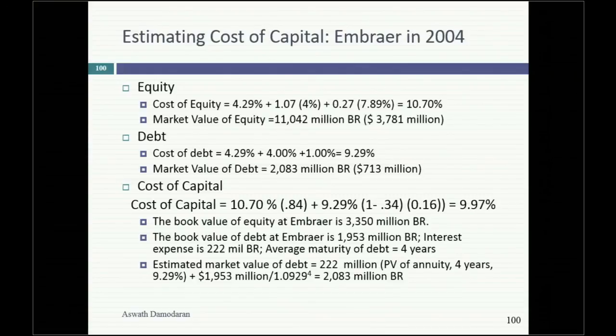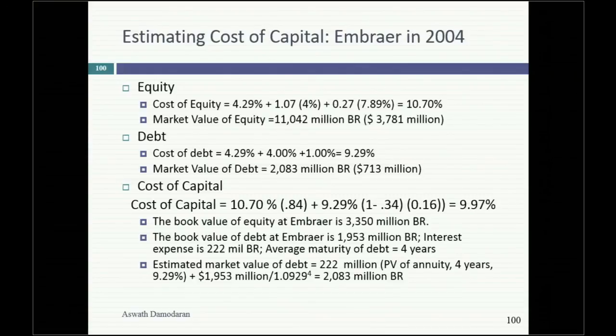It sounds fancy, but here's what I did. I acted like it was a gigantic coupon bond with a face value of 1,953 million and interest expense of 222 million. And I discounted it back at my 9.29% pre-tax. So it's like pricing a bond. So those are my weights. It's about 11,042. So it's about 84% equity, 16% debt, 9.97% cost of capital.